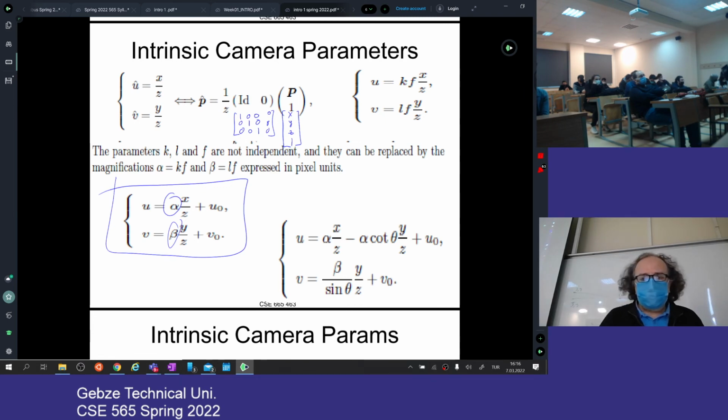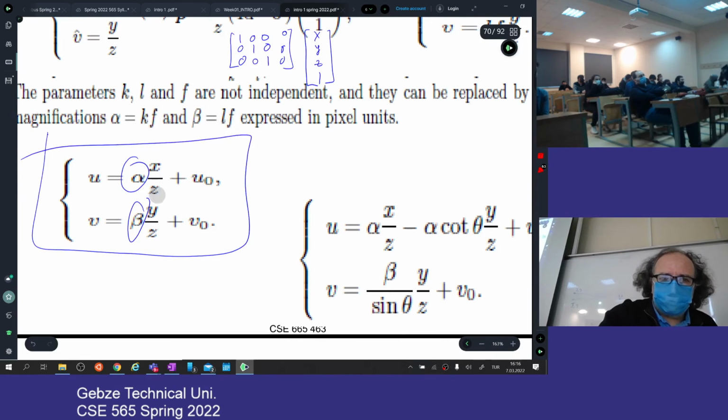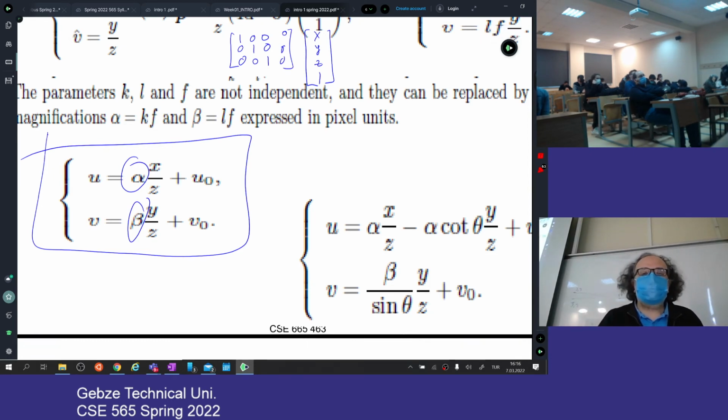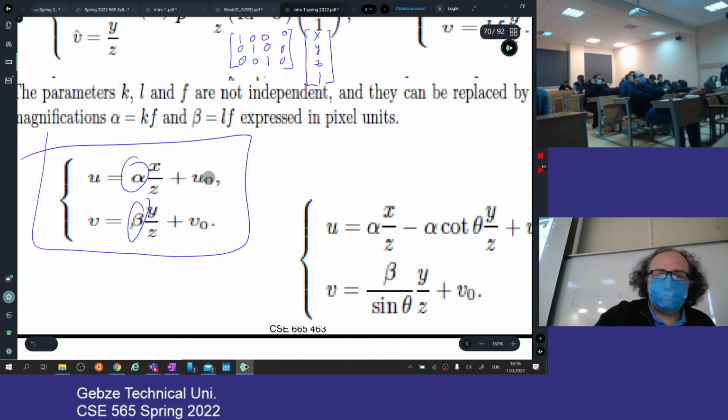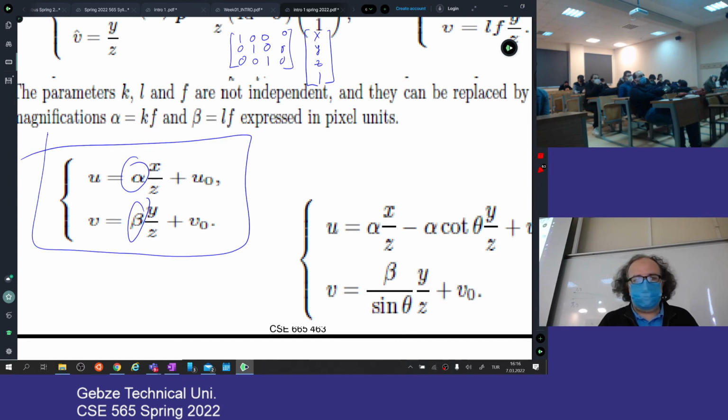Okay. So what did we achieve here? We did the projection x over z and y over z. I multiplied with kf and lf. I multiplied them, and I added these two numbers.